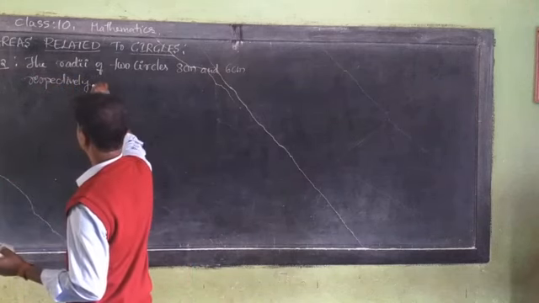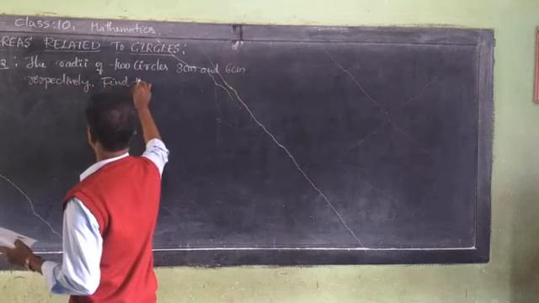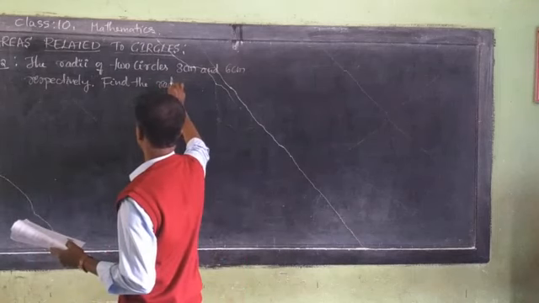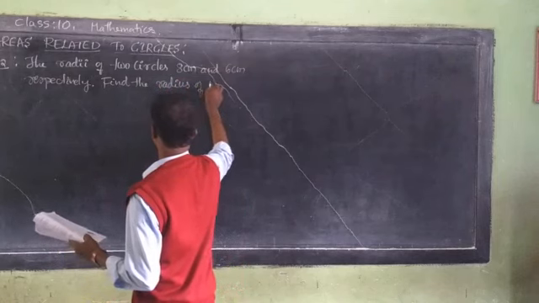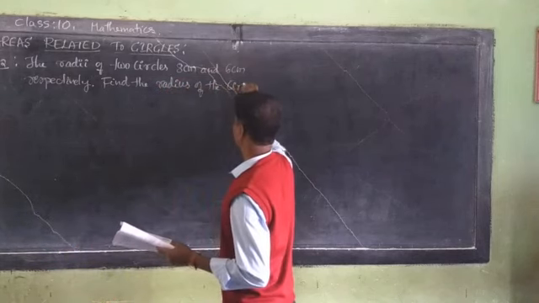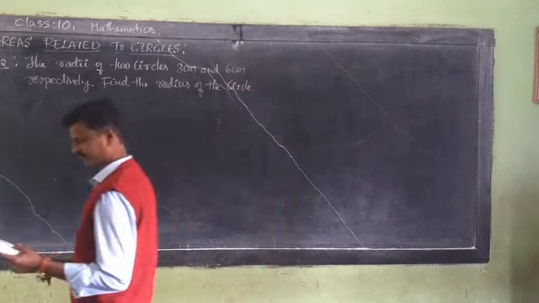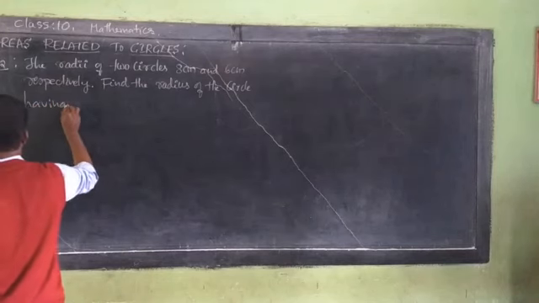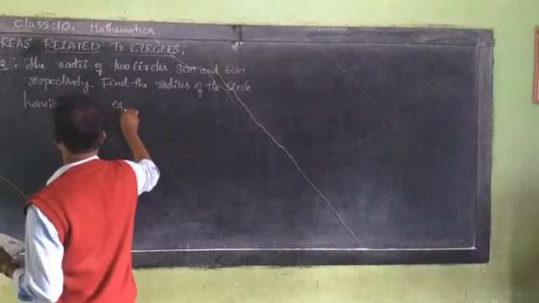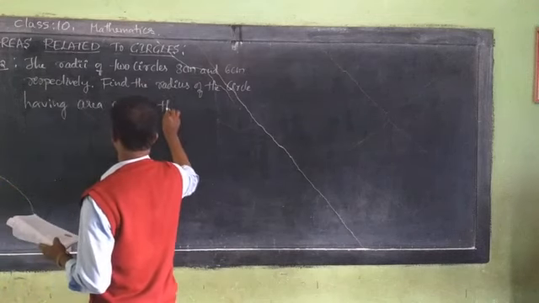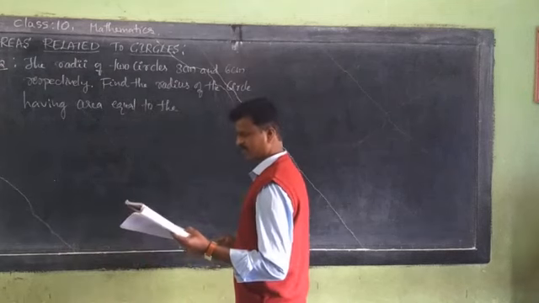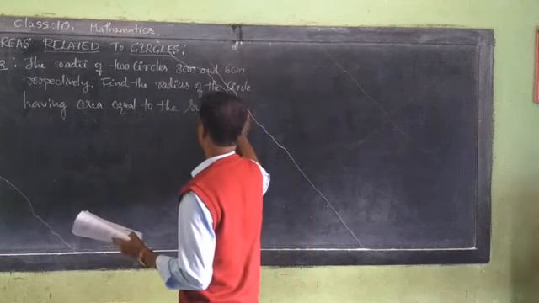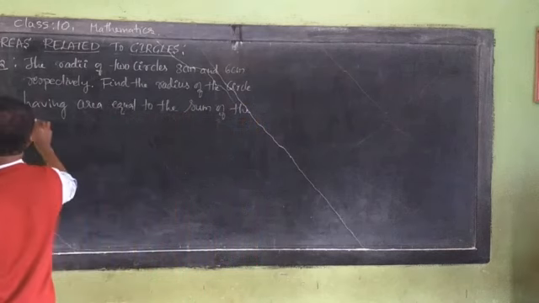Find the radius of the circle having area equal to the sum of the areas of two circles.